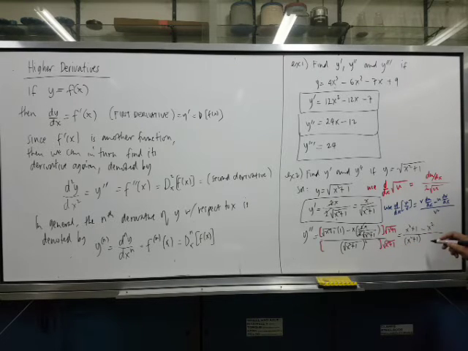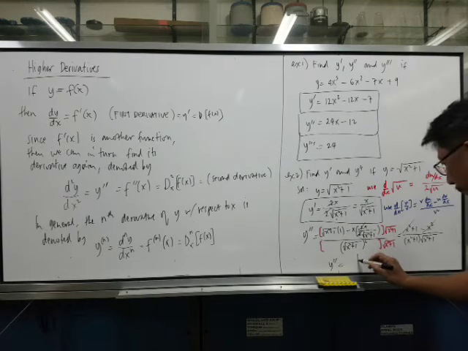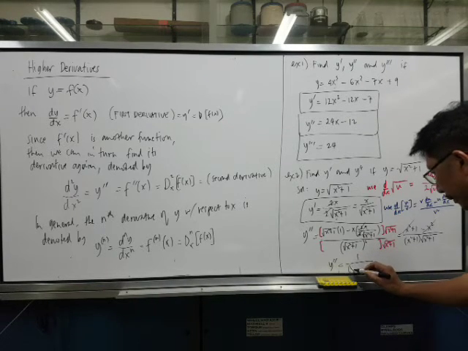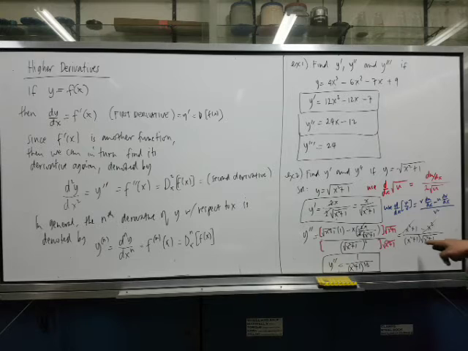Then we distribute that, so the square root of x squared plus 1. So x squared minus x squared is 0. So we can now have y double prime equals 1 over x squared plus 1 raised to 3 halves, because this is raised to the first power and this is raised to the 1 half. So 1 plus 1 half is equal to 3 halves. So this is the first derivative, second derivative.